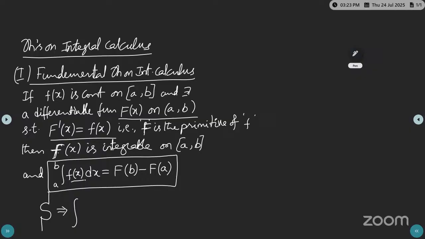You get capital F of x, and on writing the upper limit and lower limit, capital F of b minus capital F of a. That is the actual process of it. This is the fundamental theorem on integral calculus.